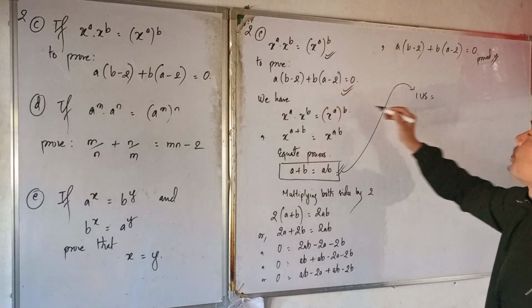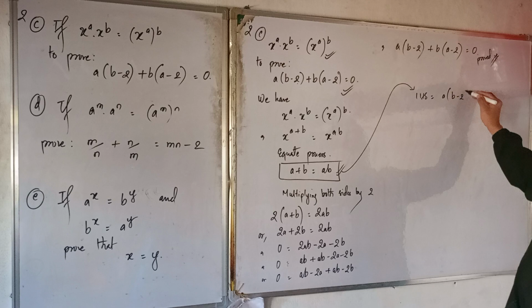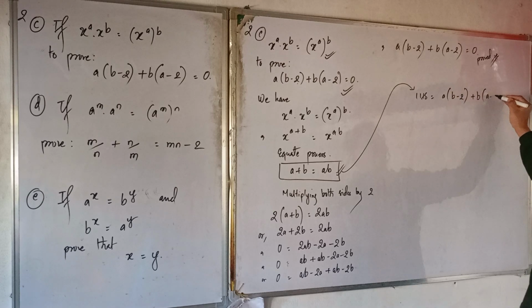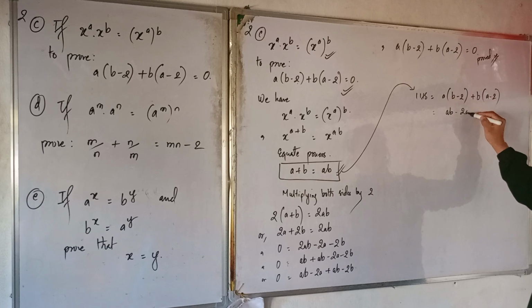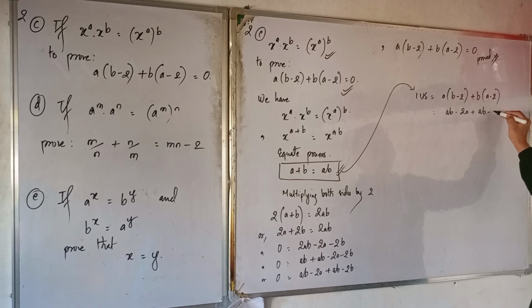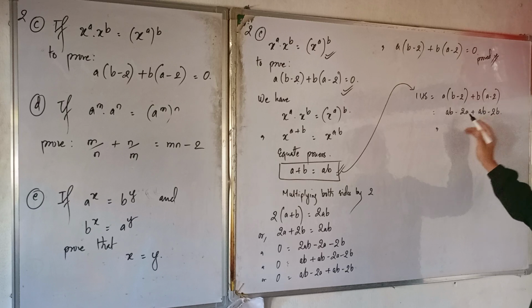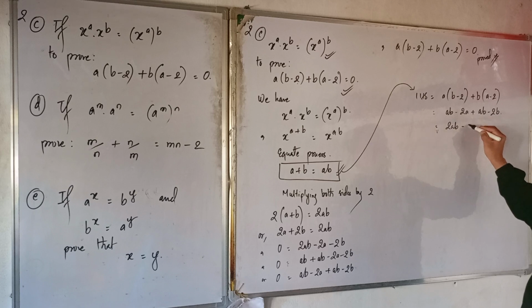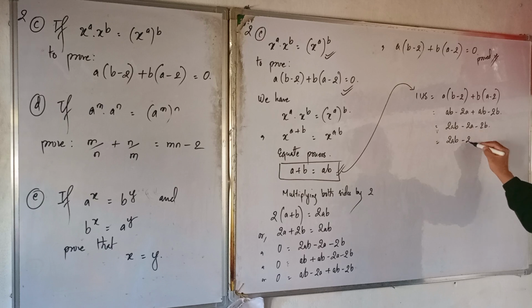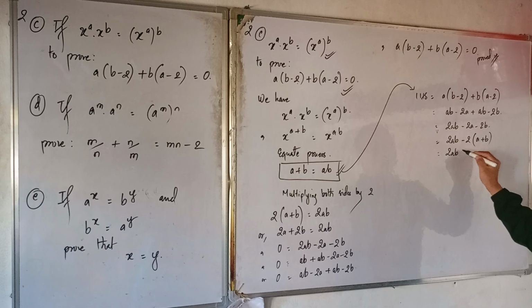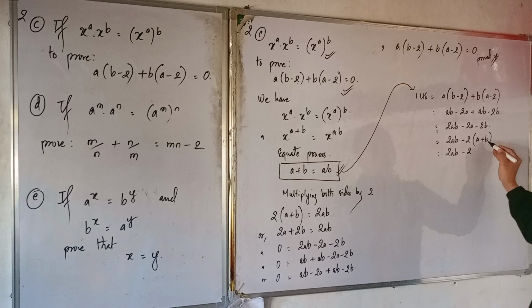LHS equals a(b - 2) + b(a - 2). Now simplify this: ab - 2a + ab - 2b, which is 2ab - 2a - 2b. Now take minus 2 common inside the bracket: 2ab - 2(a + b).